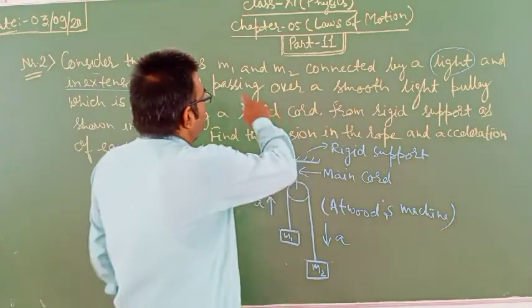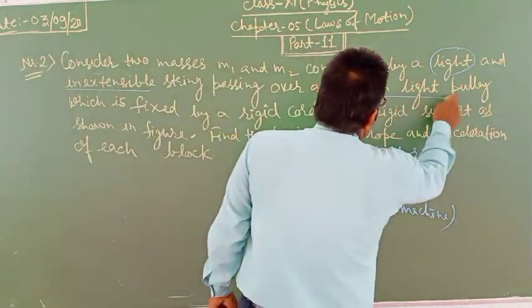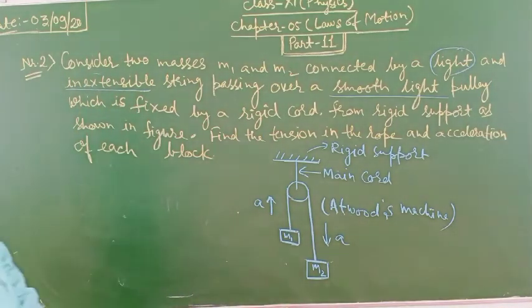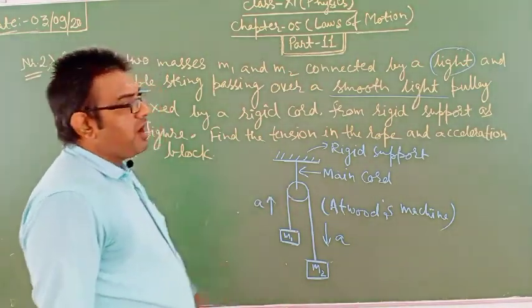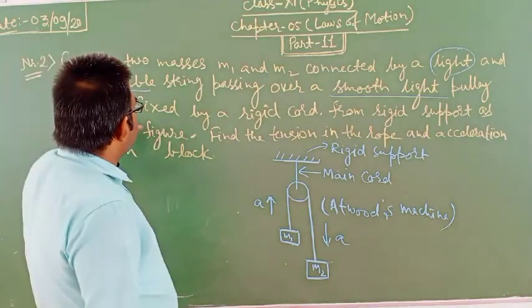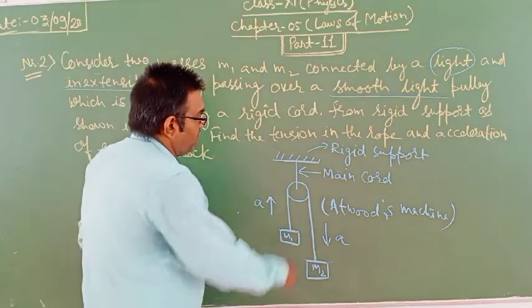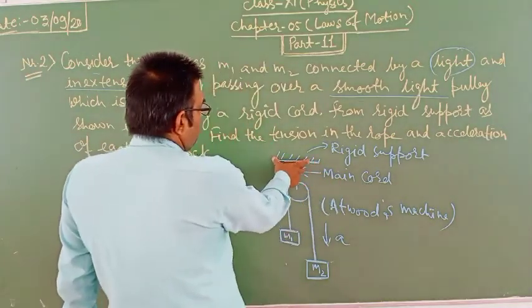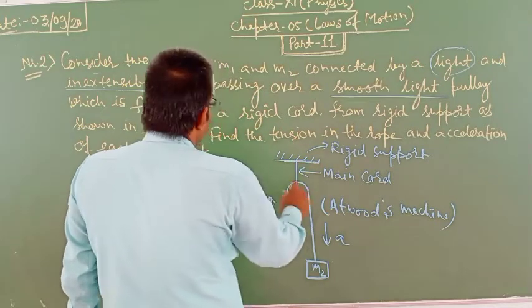Passing over a smooth light pulley means the mass of the pulley is not considered for our calculation, which is fixed on a rigid support.